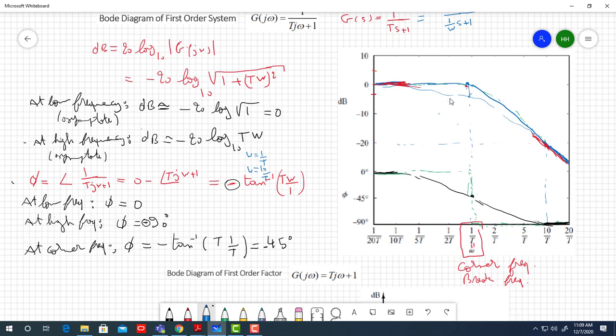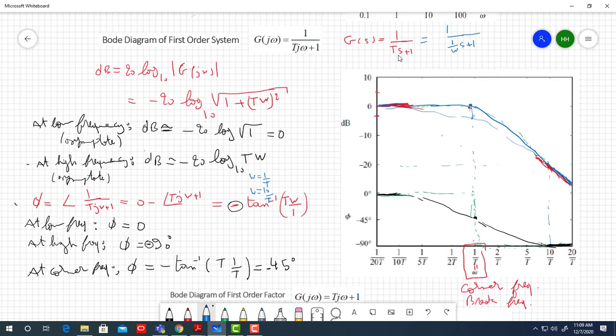We have two asymptotes, and the error at the corner is approximately -3 decibel. So we said you could approximately take the two asymptotes together, and where they meet is the corner frequency, which you can know directly. So t equals 1 over omega, omega equals 1 over t.